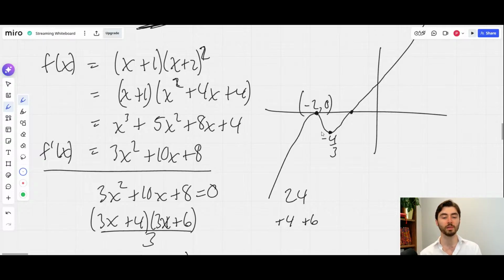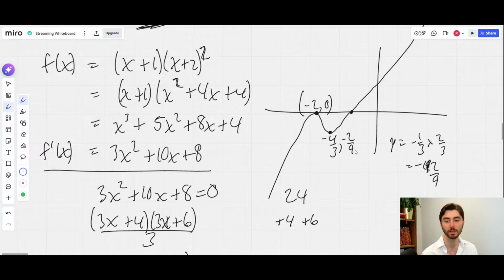We could, in theory, plug this in to find the value of the y, and I am going to do that. So here the y would be -1/4 plus 1 is -1/3, plus 2, so it's going to be times 2/3. So that would be -2/9. So it's -4/3, -2/9.